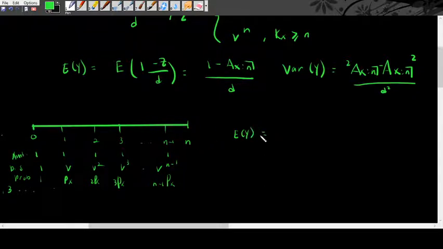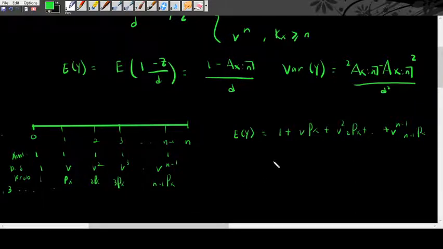So the expected value of Y here is the summation of all of this up until n-1. So you are going to get 1 plus v px plus v squared 2px, and so on, plus v to the power of n-1 times n-1 px.